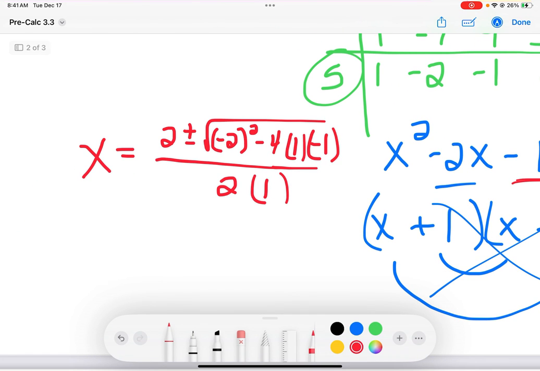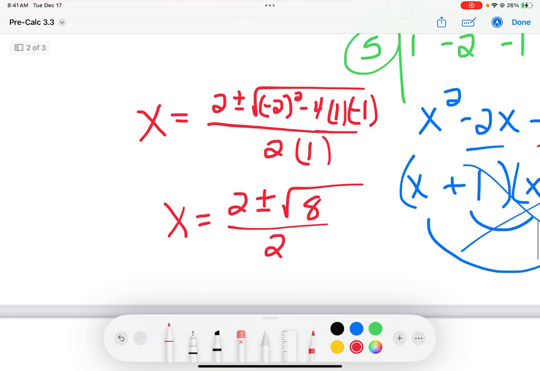All right, if we do some algebra here, it's 2 plus or minus the square root of 8 all over 2. 4 minus negative 4 is 8.